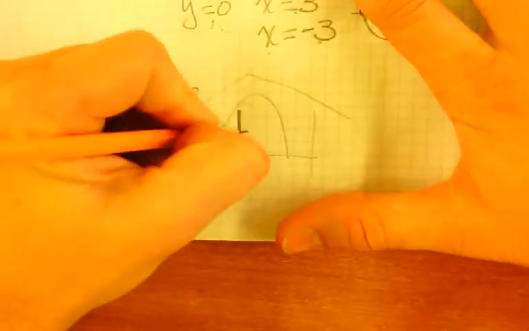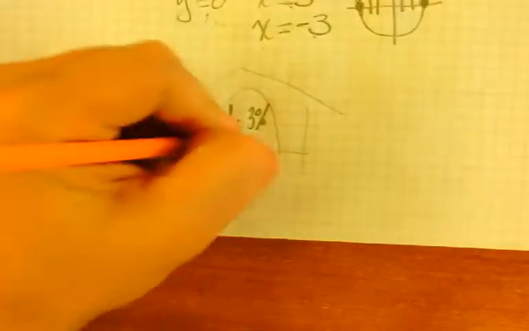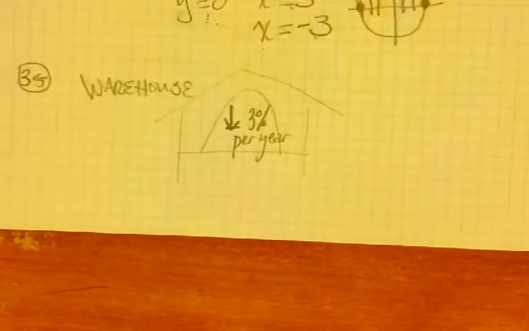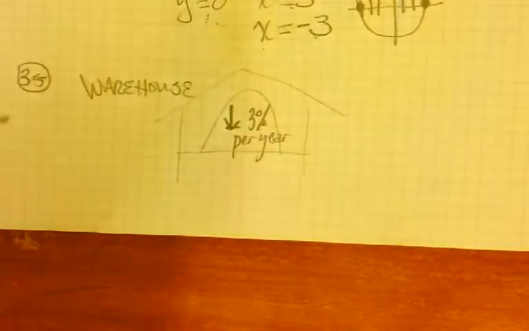It is going down. It is decreasing at a rate of 3% per year. So you are selling product out of the warehouse at a rate of 3% per year, and it is decreasing this pile.